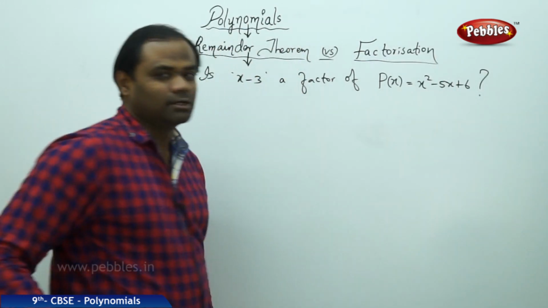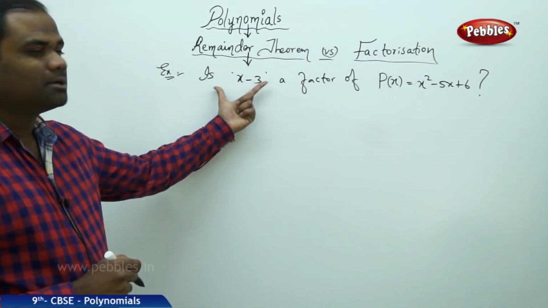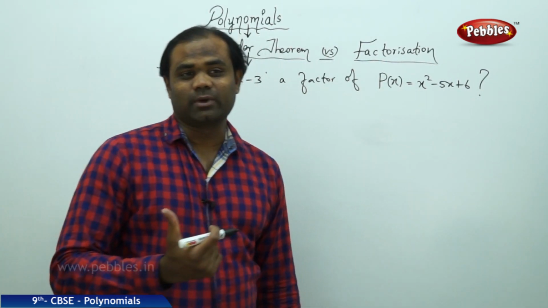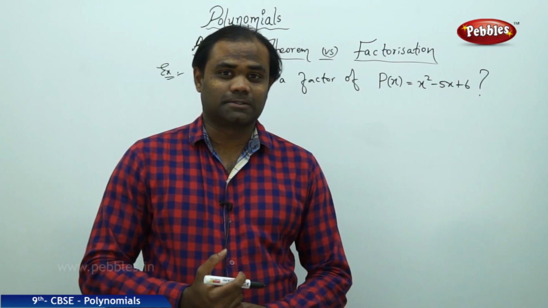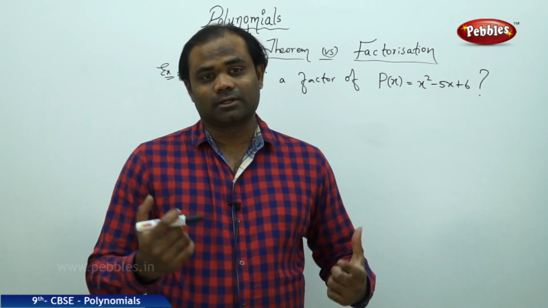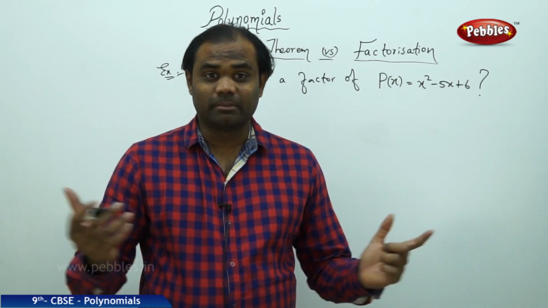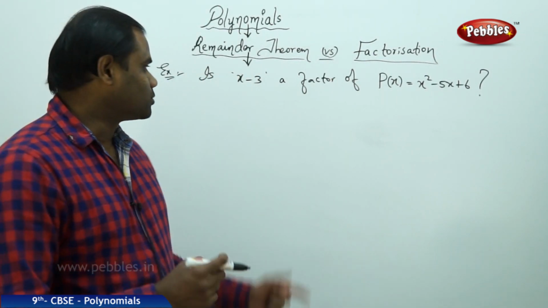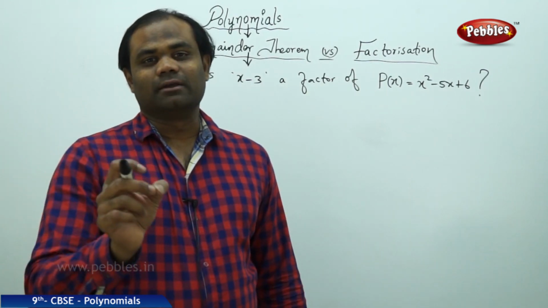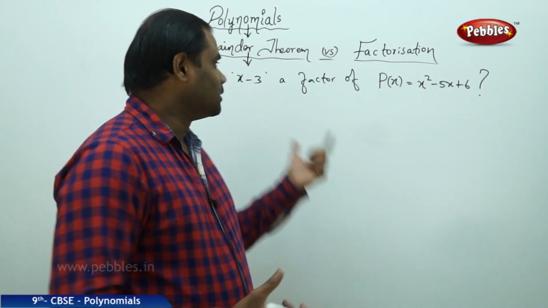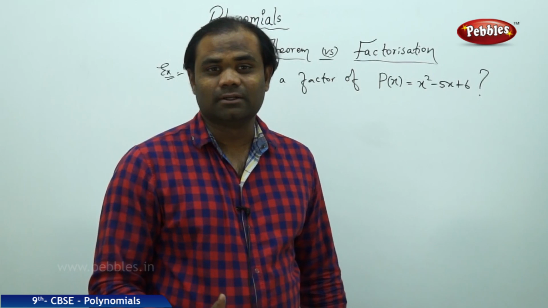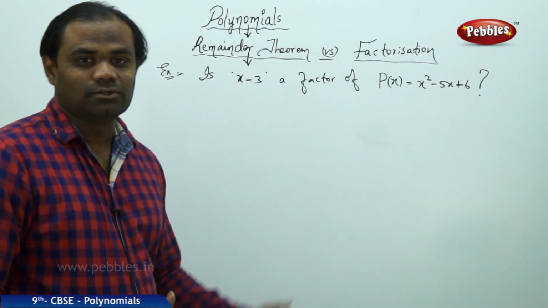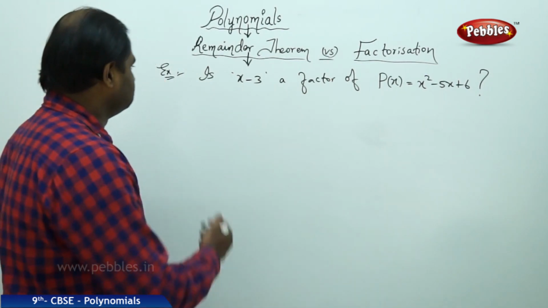I have a question here which says, is the linear polynomial x minus 3 a factor of P of x equals x squared minus 5x plus 6? Then how do we continue? Of course, with the remainder theorem. Remainder theorem not only helps in finding the remainder, but also in identifying or justifying whether a given linear polynomial is a factor or not a factor of the given polynomial P of x. So let's see how we can do this with an example problem.